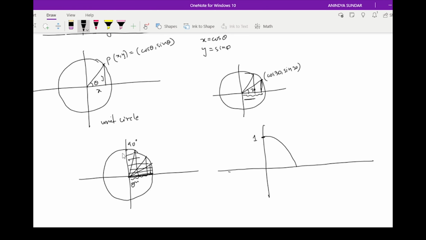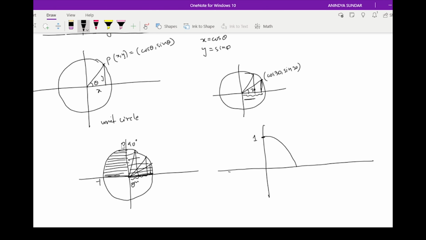Okay, now in a similar fashion, in the second quadrant, if I draw horizontal lines, I can see the lines are increasing. But these lines are on the negative side, and the maximum line is basically -1.